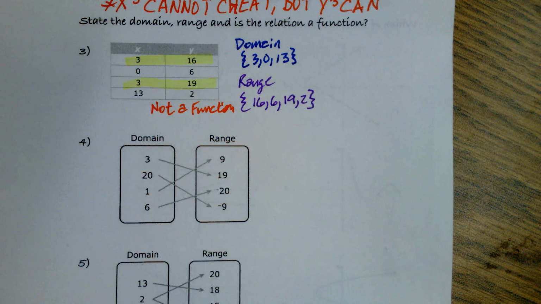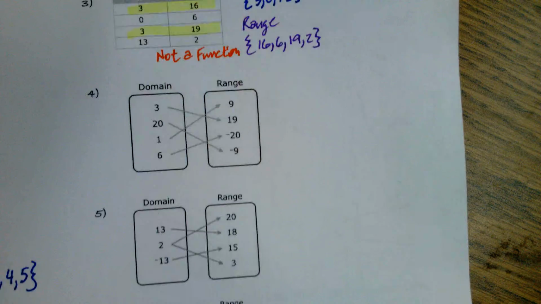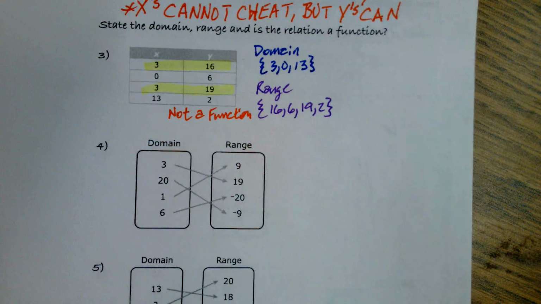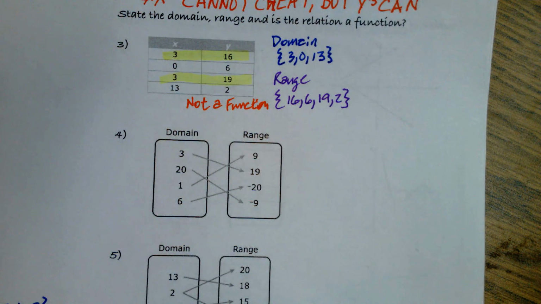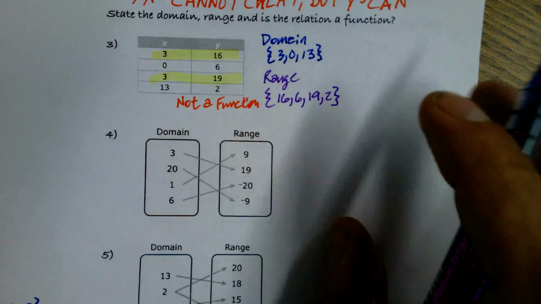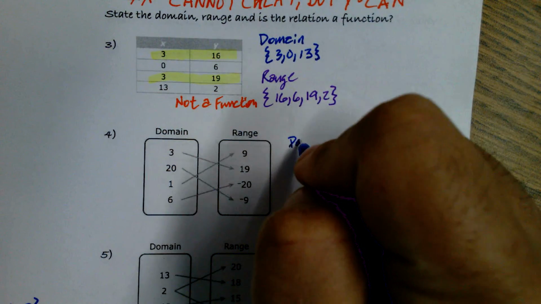So the next three types of relation maps we're going to look at, these are called mappings. So you see the next three that we have here? These are called mappings. And they map something in the domain with something in the range. Okay? So let's start with listing the domain and range. Domain.